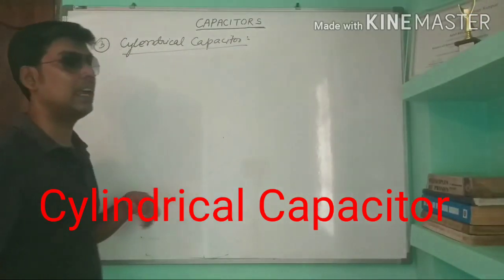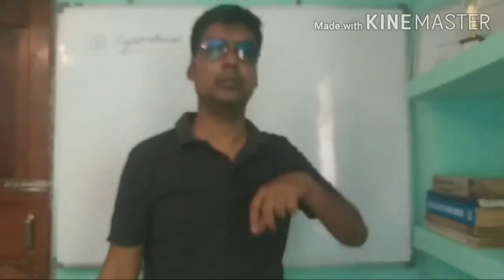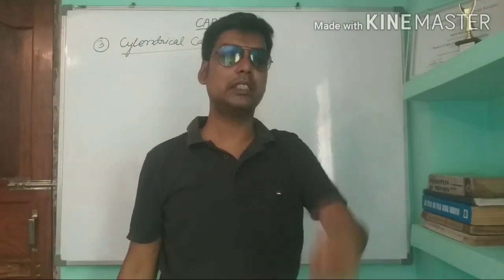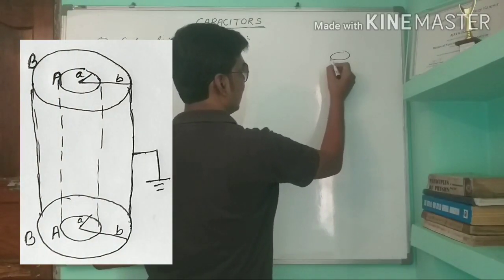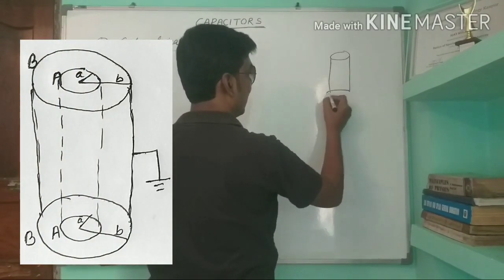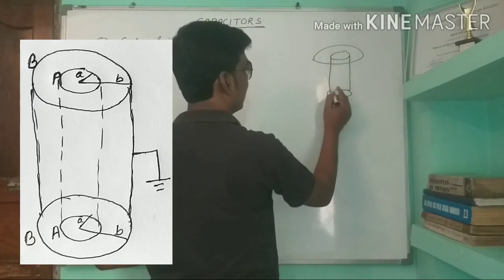Cylindrical capacitor. As the name suggests, two cylinders, both on the same axis. One is this and another cylinder is this.